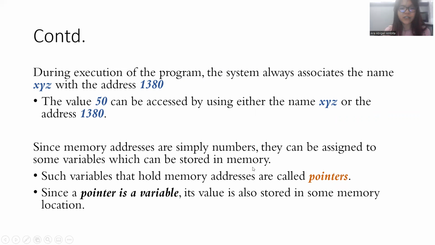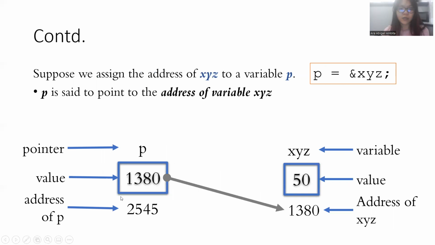Since memory addresses are just numbers, they can also be assigned to variables which can be stored in memory. Such variables that hold memory addresses are called pointers. Since a pointer is a variable, its value is also stored in some memory location. Suppose we assign the address of XYZ to a variable P. So we have P, and you know that this operator is the address operator.